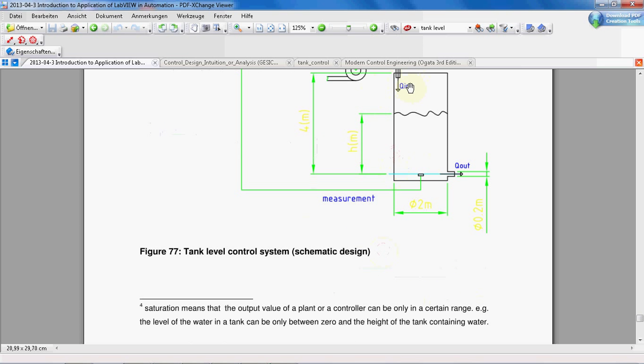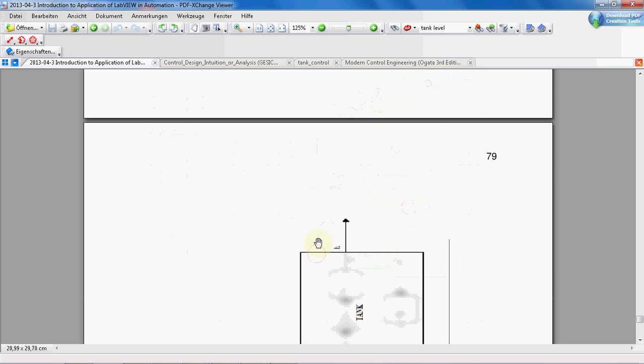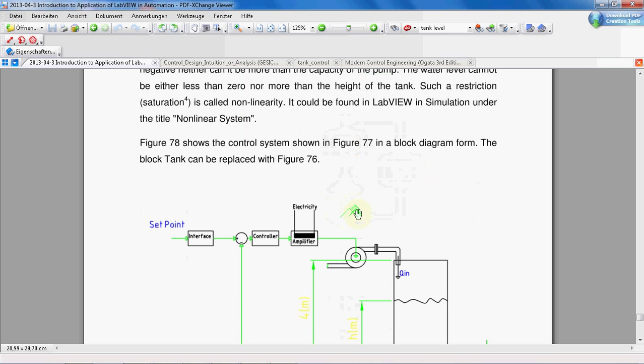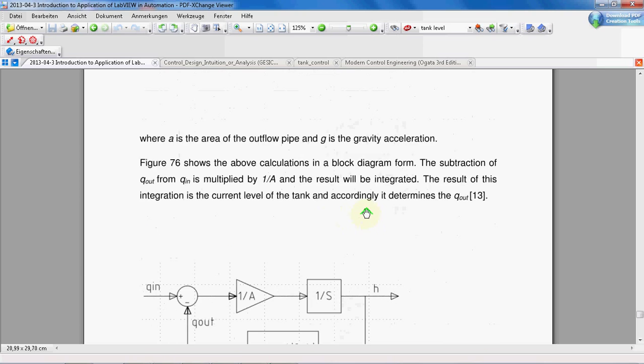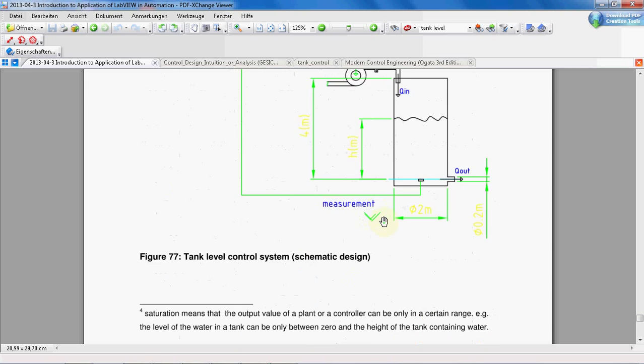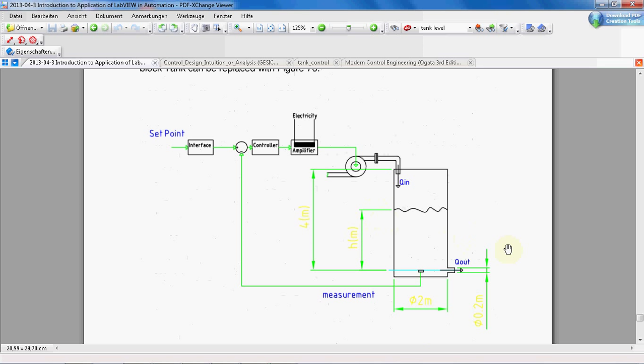If the level of the tank is 10 meters, then let's assume the outgoing flow rate is, for example, 5 cubic meters per second.